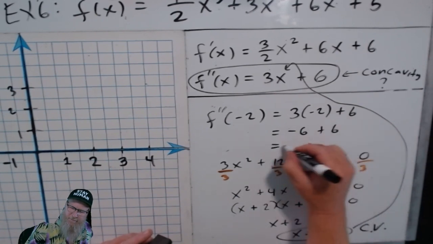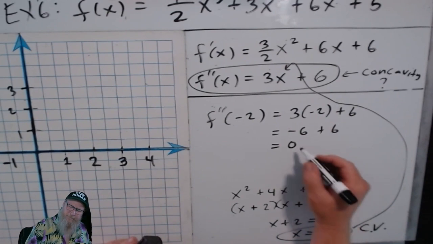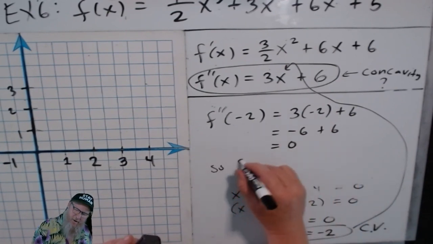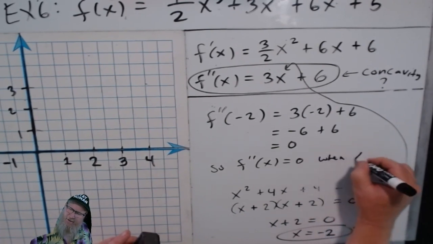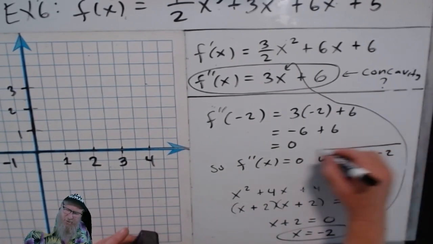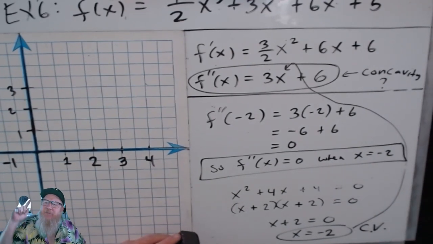And what do you know? You get 0. So f double prime of x is equal to 0 when x is equal to -2 also. That means it's an inflection point.